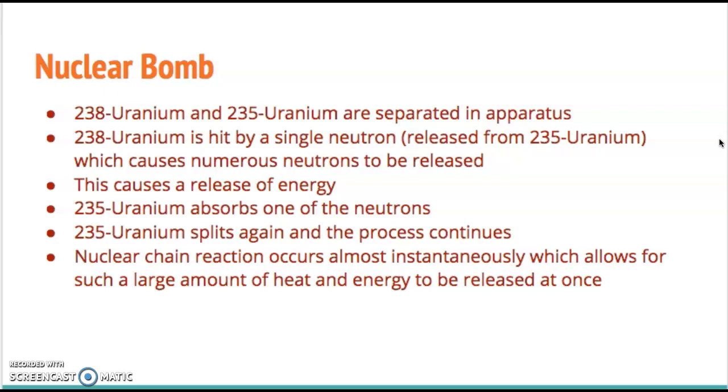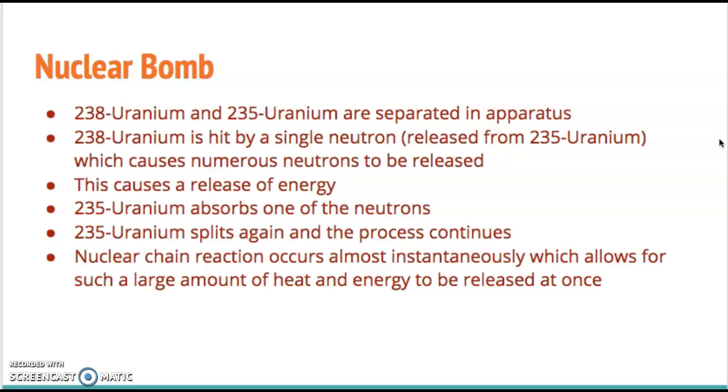So what happens is 238 uranium is hit by a single neutron. This neutron is released from the isotope, which was the 235 uranium, and this causes a number of neutrons, 2 to 3, to be released from the 238 uranium atom. So whenever these neutrons are released, we also get a release of energy that occurs.